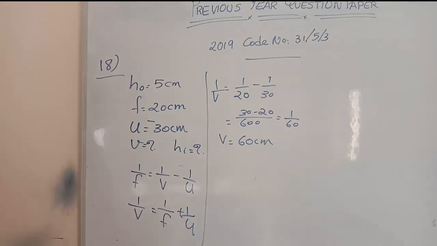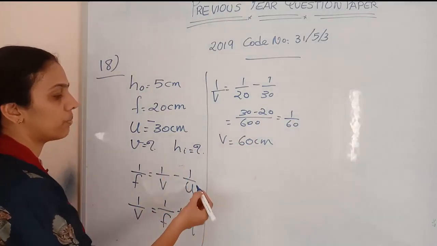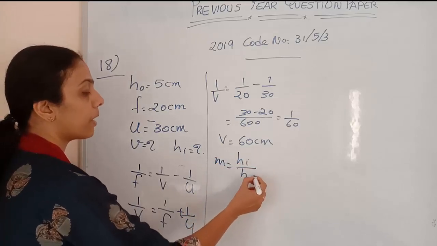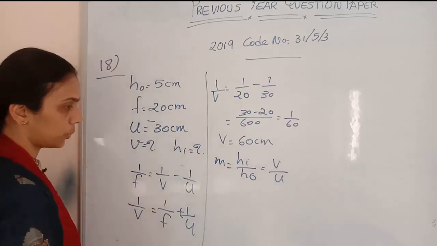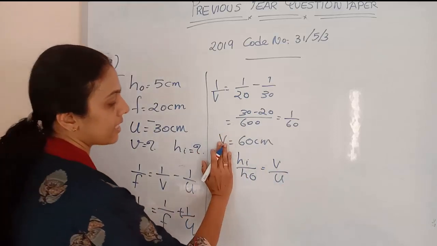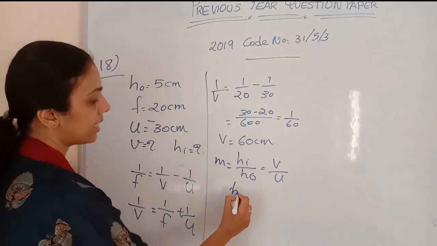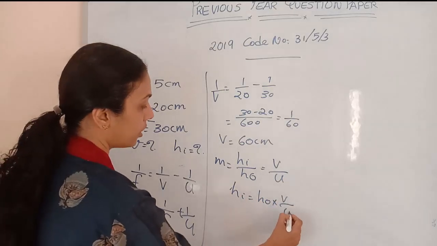Okay, now magnification. If we are finding out the magnification, we know m is equal to height of image divided by height of object, that is equal to v by u. Now we can take this one, hi by ho equals v by u. From that, hi equals ho into v by u.